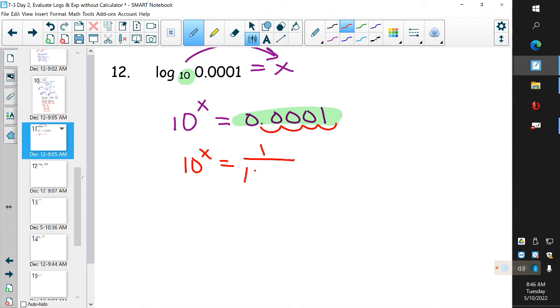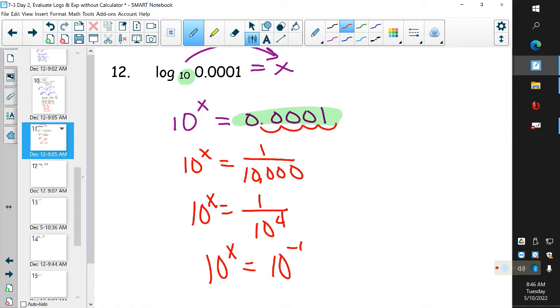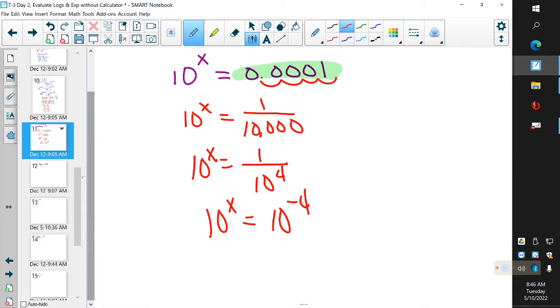So that's 1 over 10,000. That is the same thing as 10 to the 4th. Then I'm going to bring that up to the top, making that 10 to the negative 4. Then I cross off my bases, making that x is equal to negative 4.